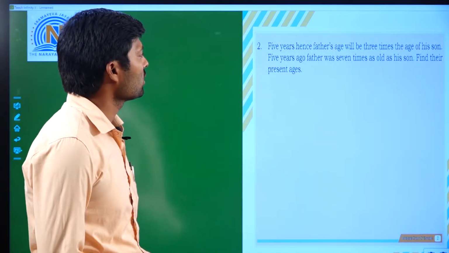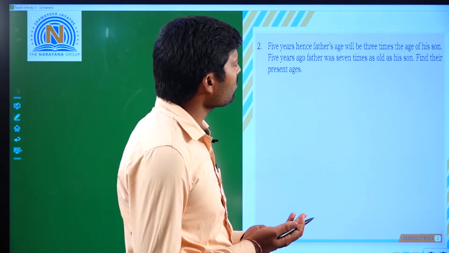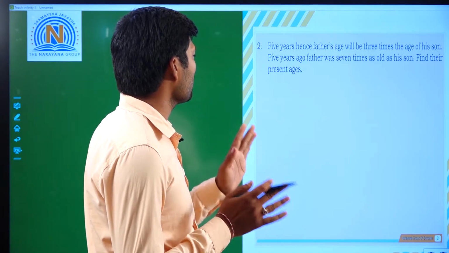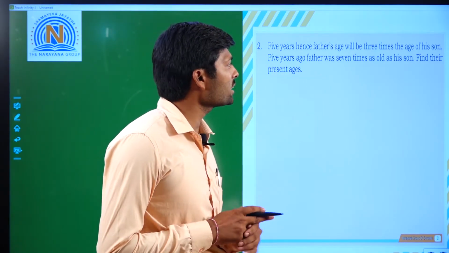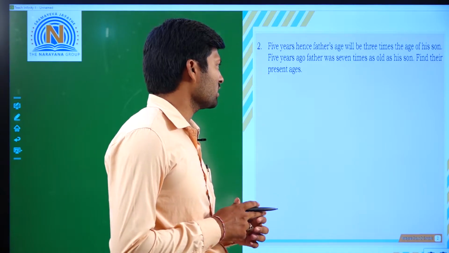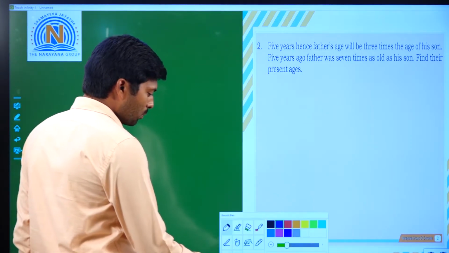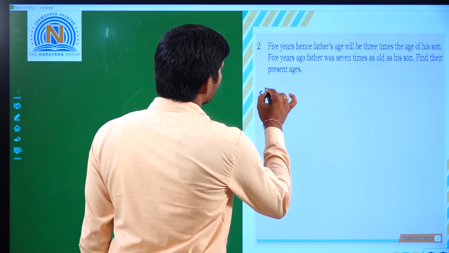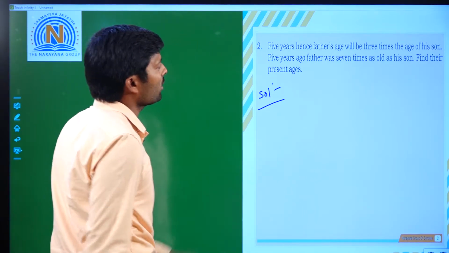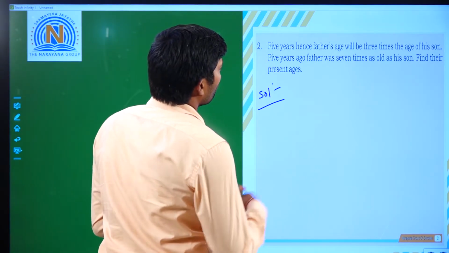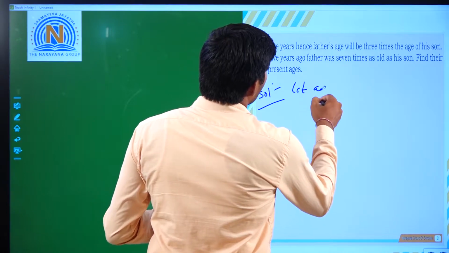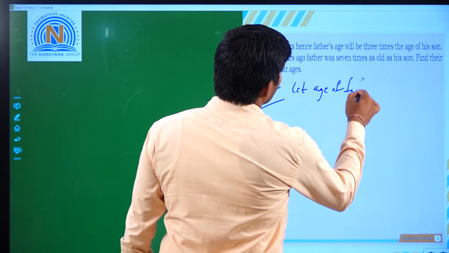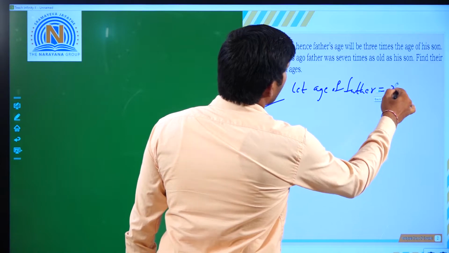5 years hence, the father's age will be 3 times the age of his son. 5 years ago, father was 7 times as old as his son. Find their present ages. So this is also an application of a pair of linear equations in two variables. So we have to write each and every statement in equation form. Before going to that, let the age of father be x.